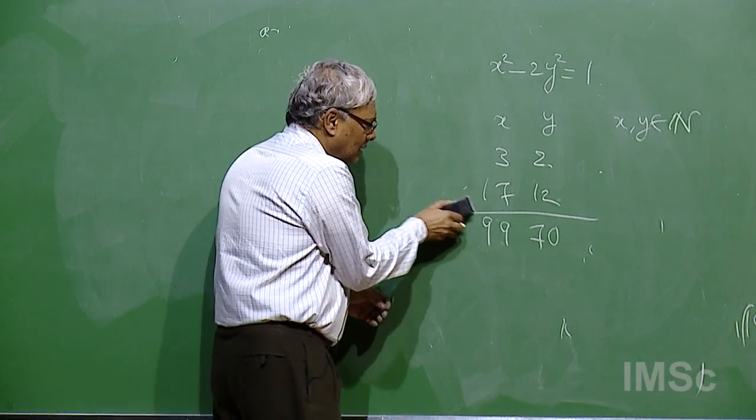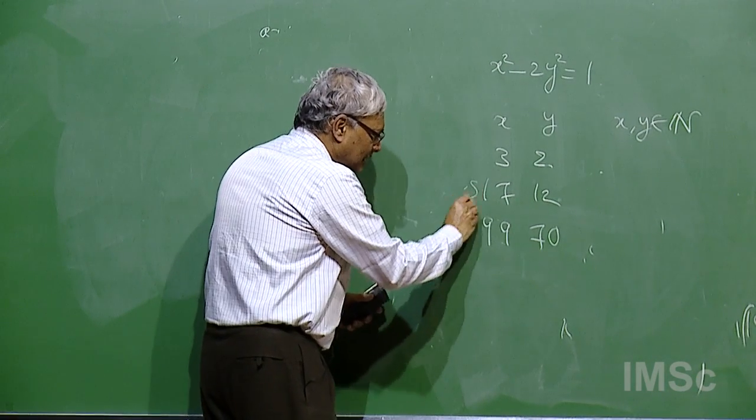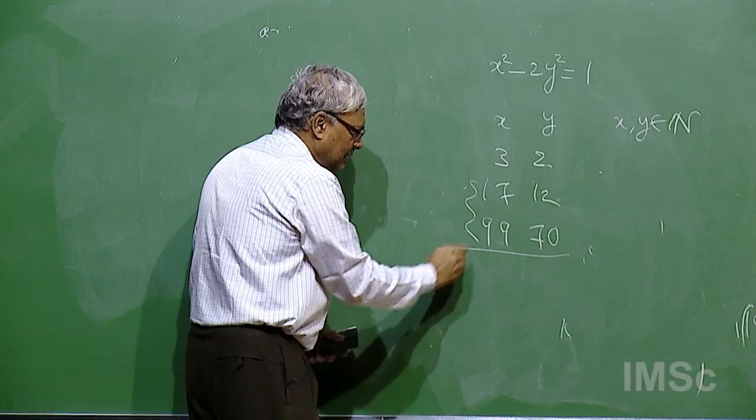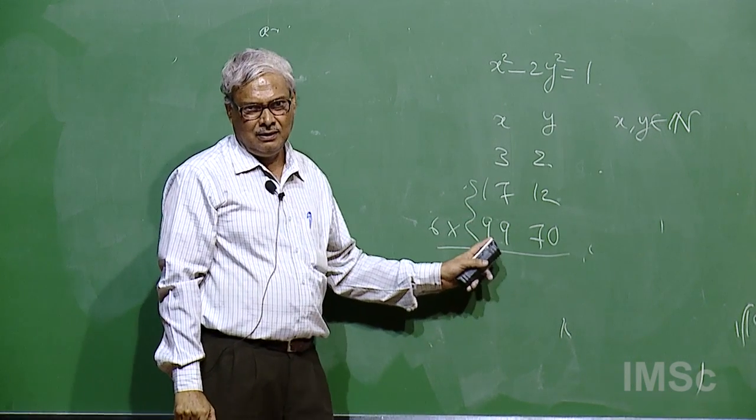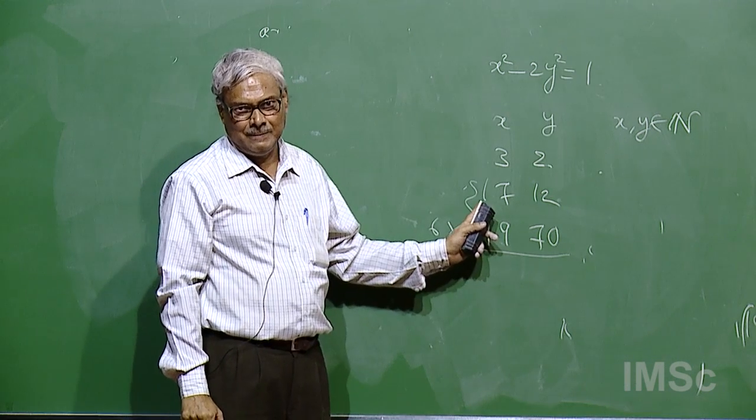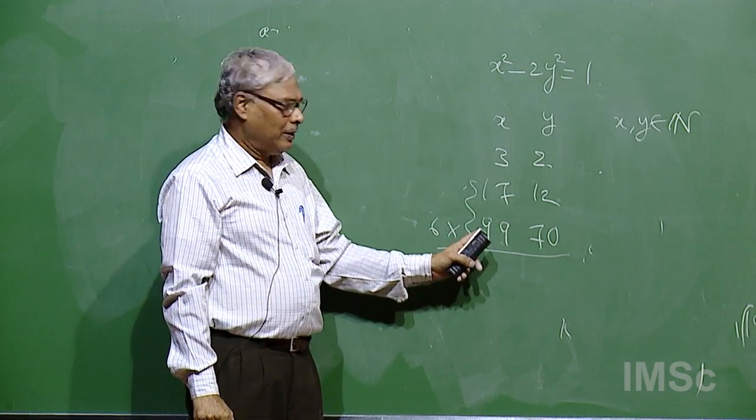Now to get the fourth solution, you look at the second and third solutions, multiply the larger one by 6 and subtract the other.